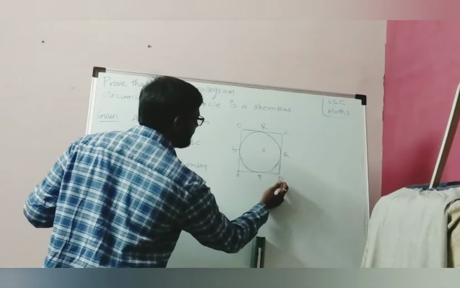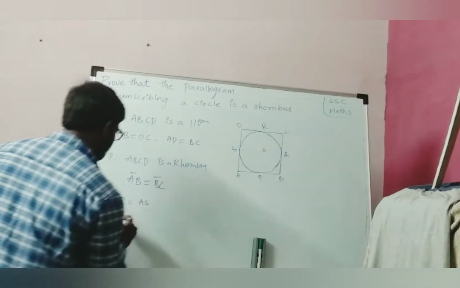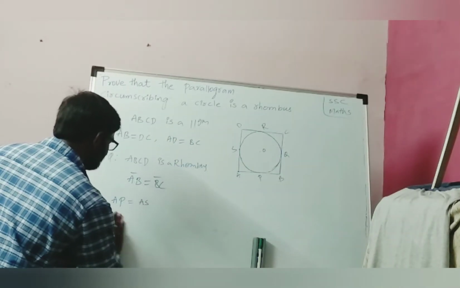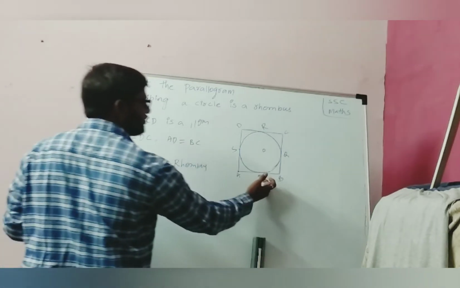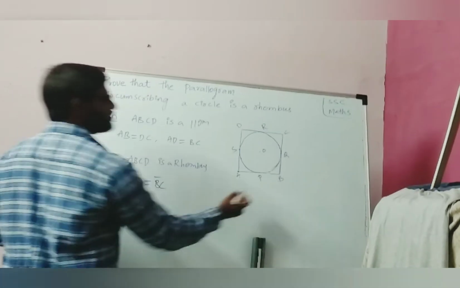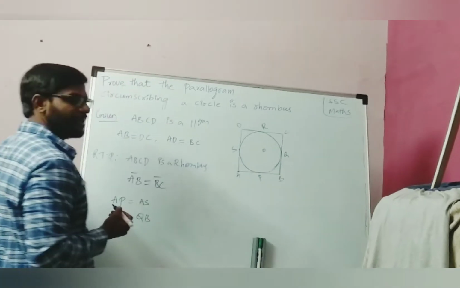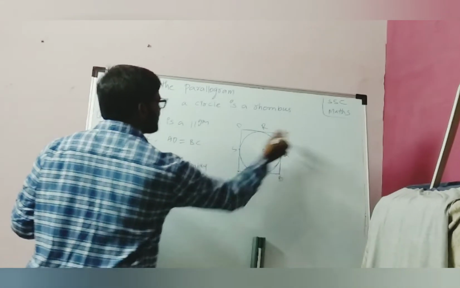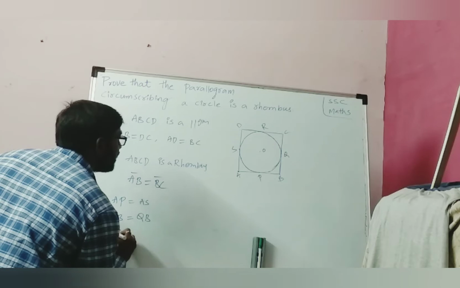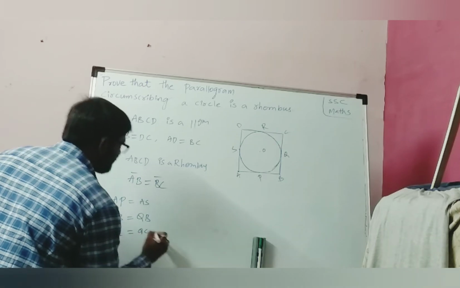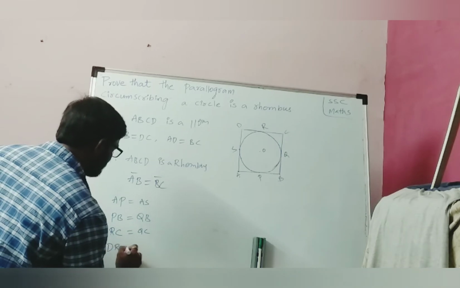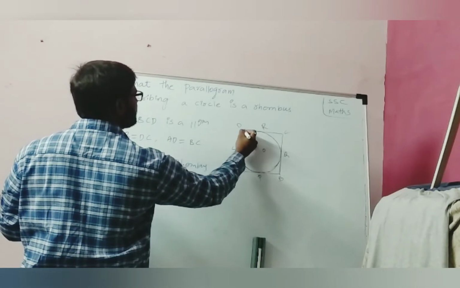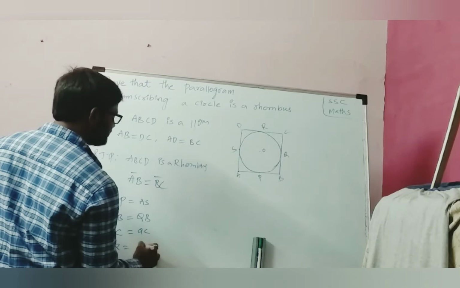Next, PB is equal to QB, because PB and QB are tangents drawn from the external point B. Similarly, RC is equal to QC and DR is equal to DS.